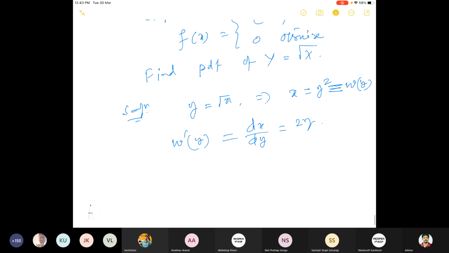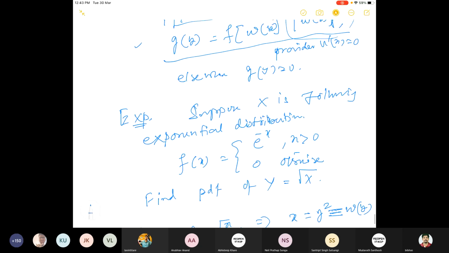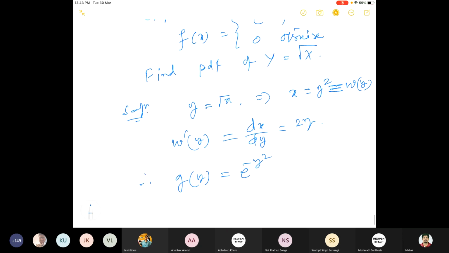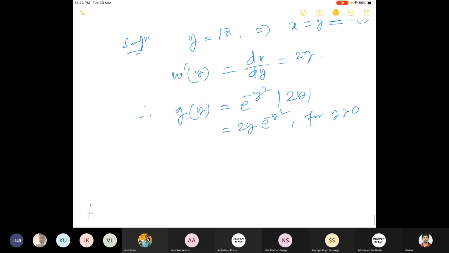Therefore g(y) is e to the power minus y squared, because it is f of w(y), and w of y is y squared, and f was e to the power minus x, but y has to be positive, so this times mod of 2y. So this is 2y e to the power minus y squared, for y bigger than 0 as per the theorem, as a statement of the theorem.